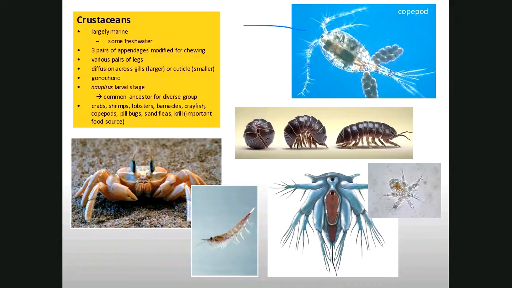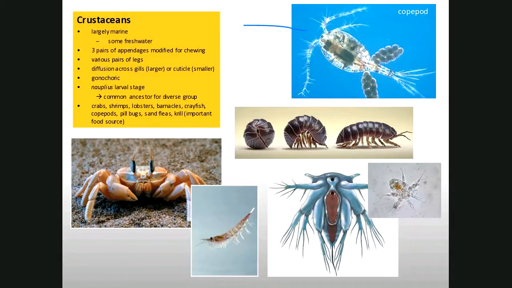And you remember I said early in the semester, organisms that have similar embryonic development, or the same larval stage, no matter what they look like as adults, that's usually a really slam dunk indicator of a close phylogenetic relationship. In other words, they're closely related to one another. Now, this is the Nauplius larvae.